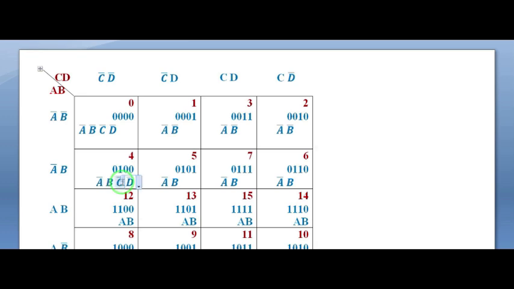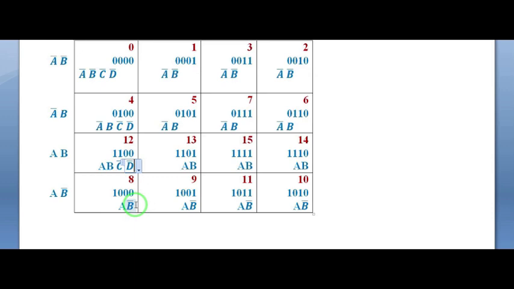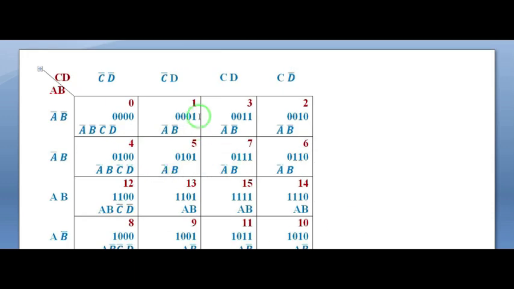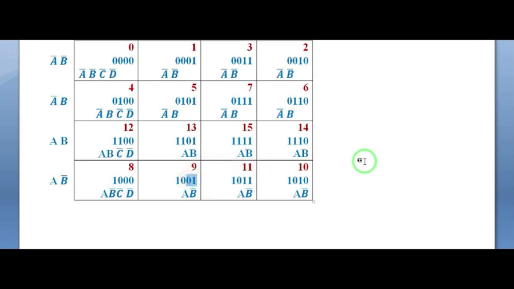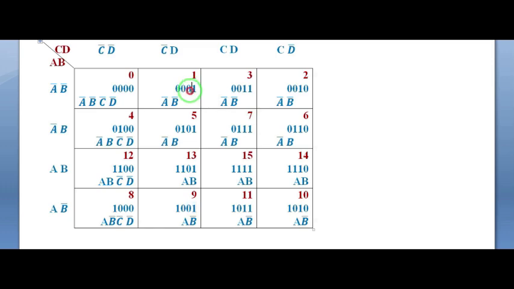Similarly, if you see the second column, here 0 1, 0 1, 0 1, 0 1. Every cell of the second column is going to have 0 and 1, where 0 represents C bar and 1 represents D. Therefore, write C bar D in column number 2.